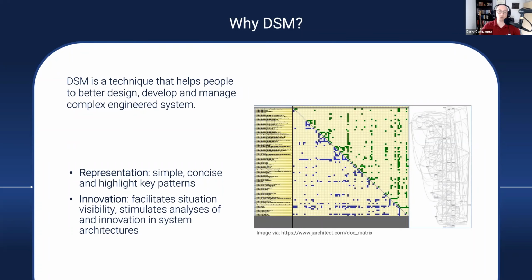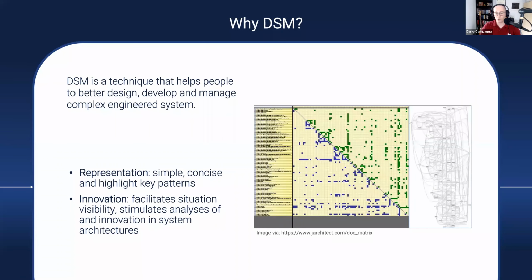DSM facilitates situation visibility, and it stimulates analysis of any innovation in system architectures. What you see here on the right is a more elaborate example than the one in the previous slide of a DSM. And this example comes from a tool called JArchitect. It's a tool for the static analysis of Java code.